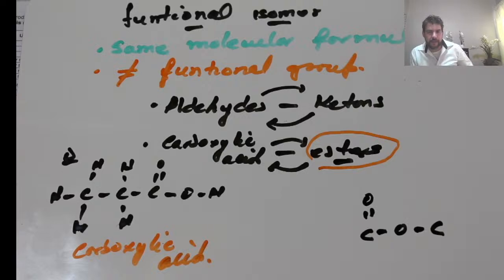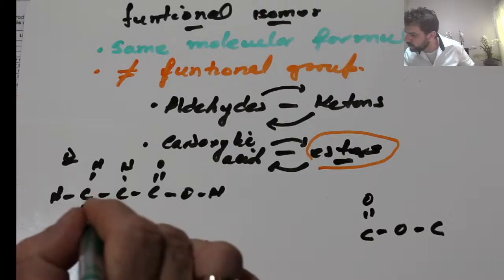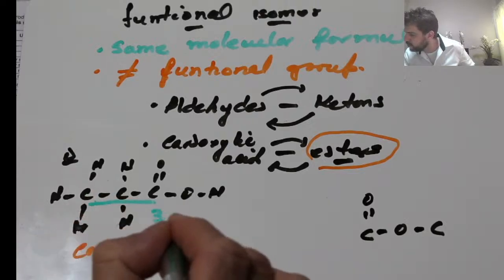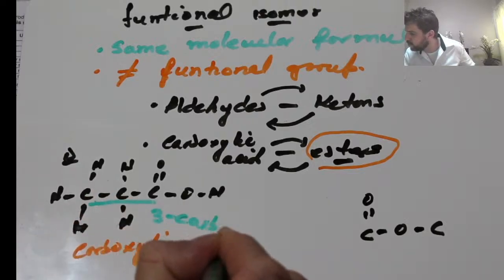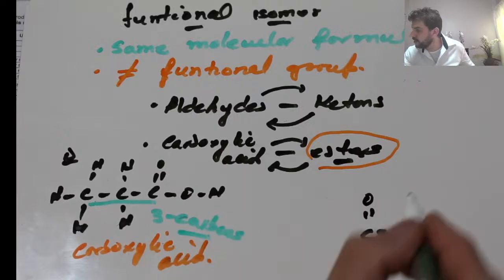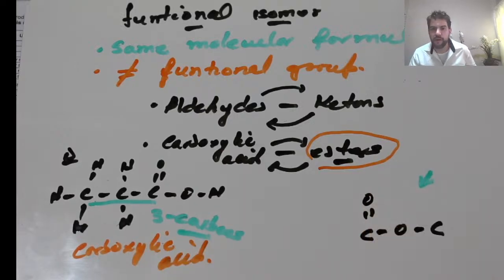Now, in here, we need 3 carbons. If you go back to the question, we have 3 carbons. Here, we only have 2. We need another carbon. Where am I going to place it? Anywhere.